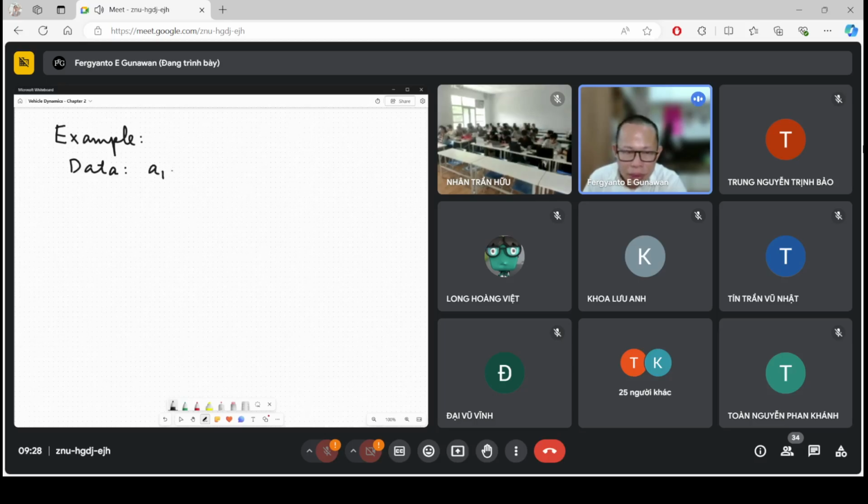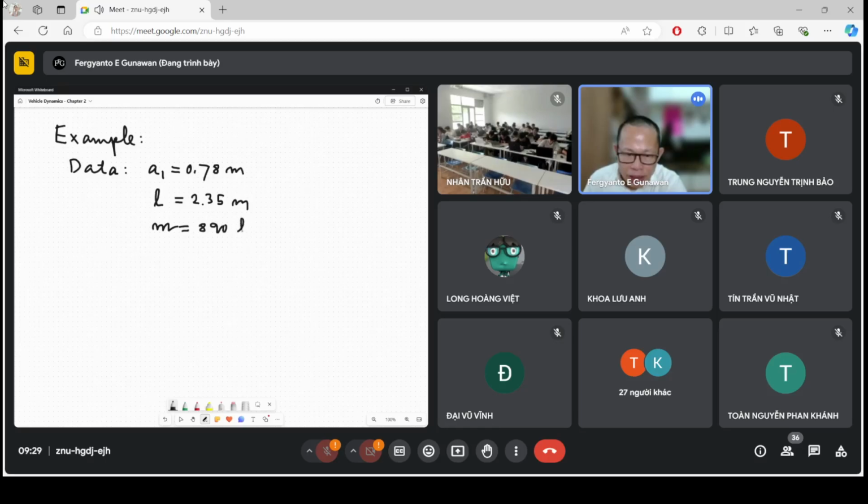The front wheel is located around 0.78 meter, and the wheelbase, or the distance between the front and the rear, is 2.35 meter.